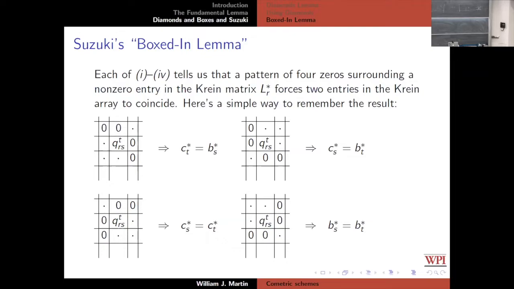Row T, column S, then CS star is equal to BT star. If I have 4 zeros around a non-zero, where this is above and this is back, then those two C stars must be equal. And if it's down and forward, if those 4 things are all 0, then these 2 things are equal.